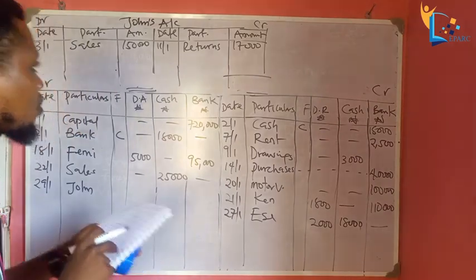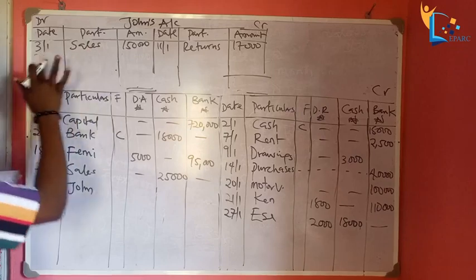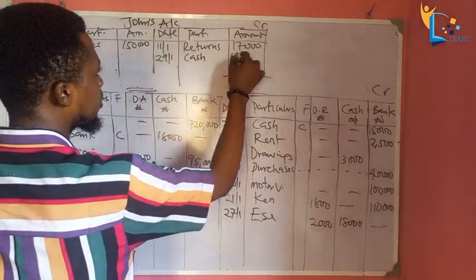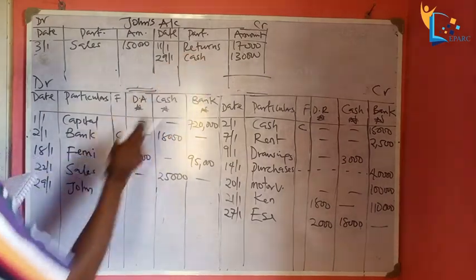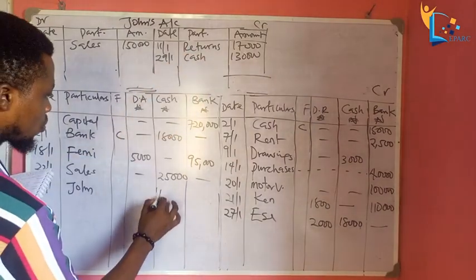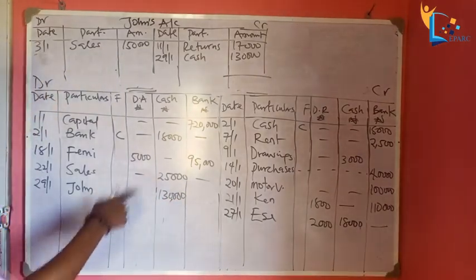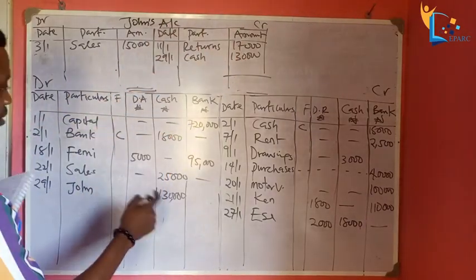We received cash from him worth 130,000. So cash, double entry. Debit entry must have a corresponding credit entry, and credit entry must have a corresponding debit entry. So this is the cash.